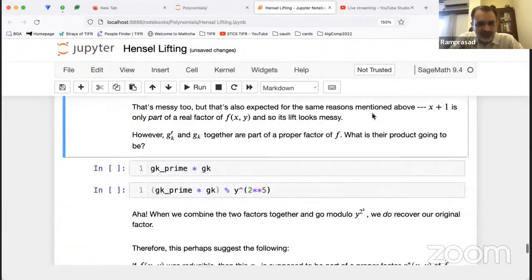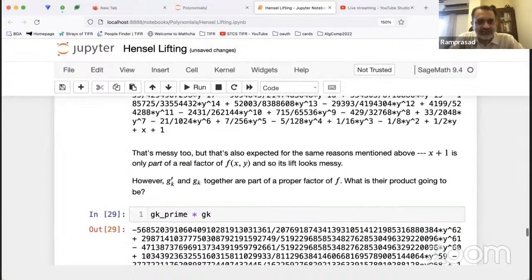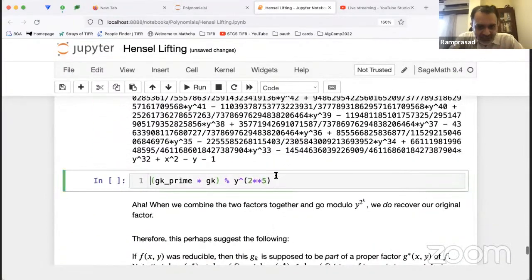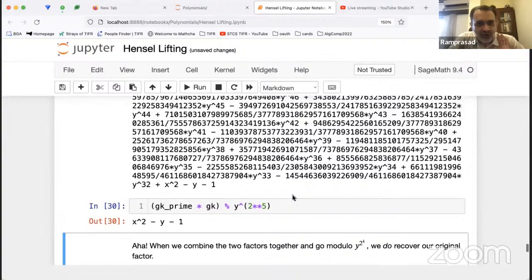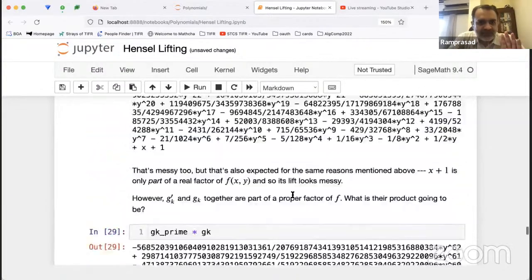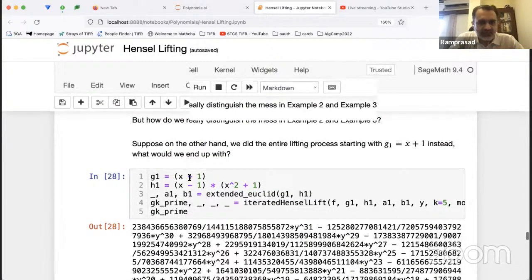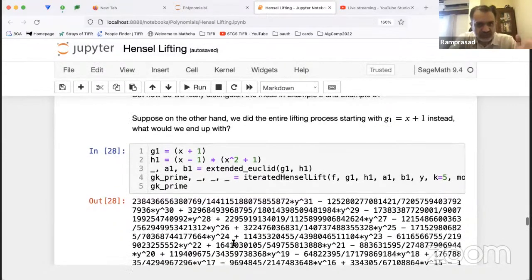So what I'm going to do is look at gk prime times gk. But I get some ugly nonsense. But now look at gk prime times gk mod y power 32, and you end up with x squared minus y minus 1. So all I'm trying to say is that when we started off with g equal to x minus 1 or x plus 1, and we did this lifting process, we got some junk which really looks ugly.